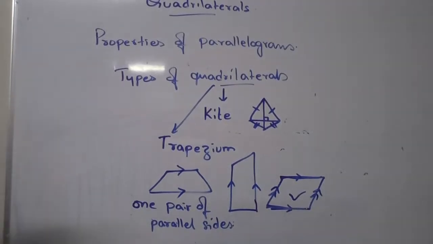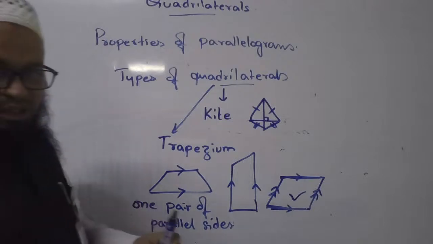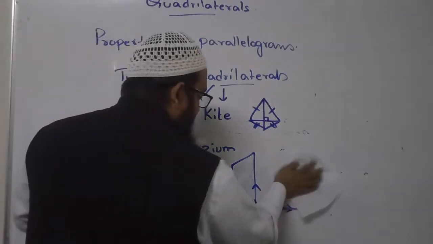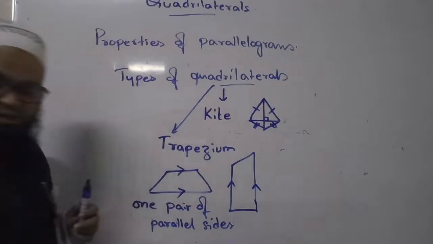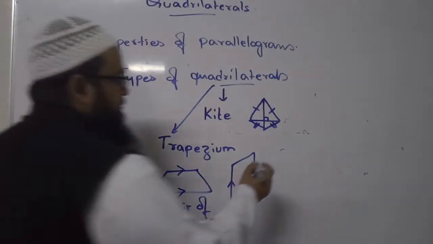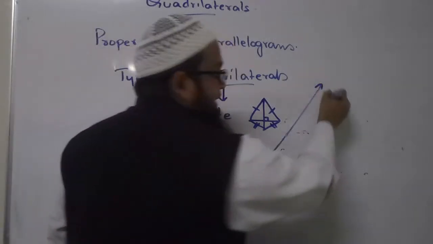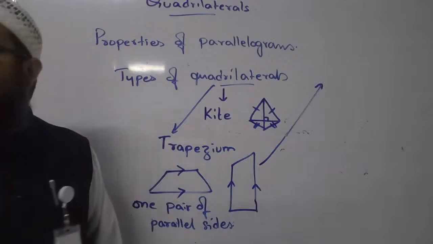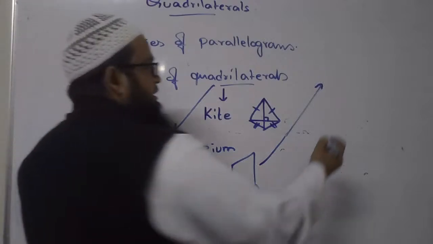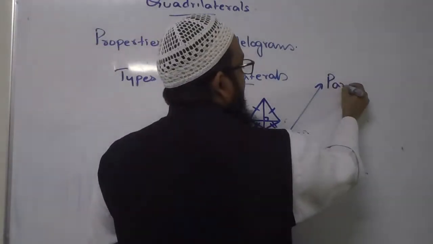Now, let us see. So trapezium has one pair of parallel sides. So now after this, from trapezium, you can take it to the next type of quadrilateral, which is called parallelogram.